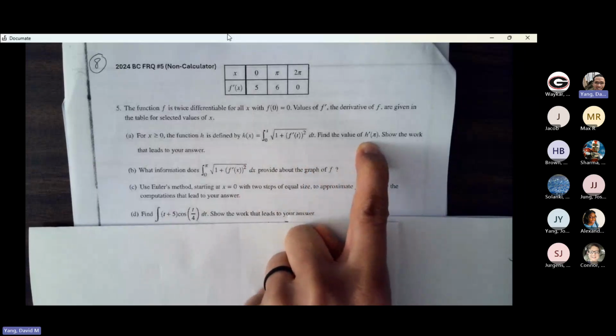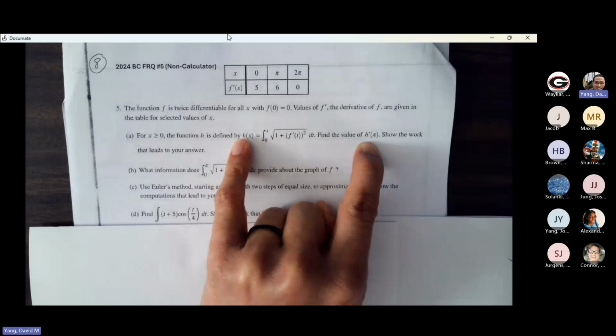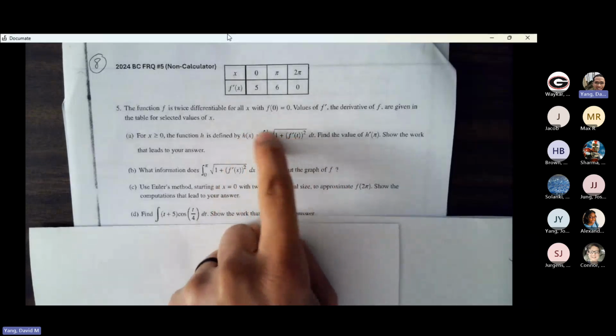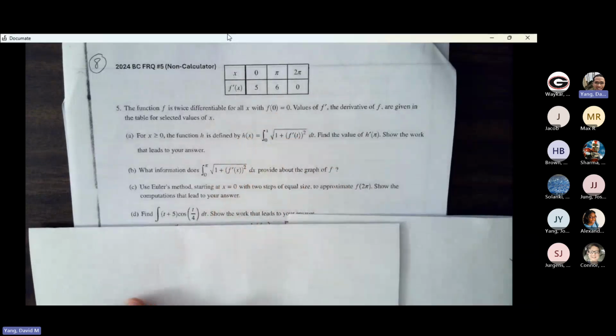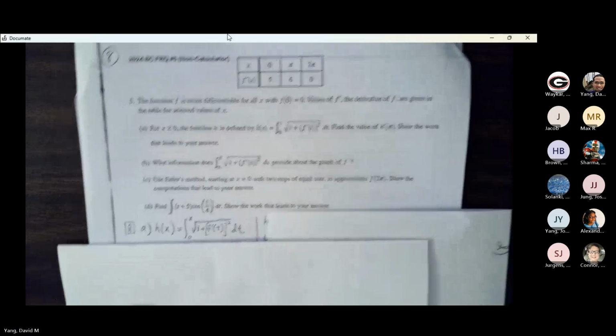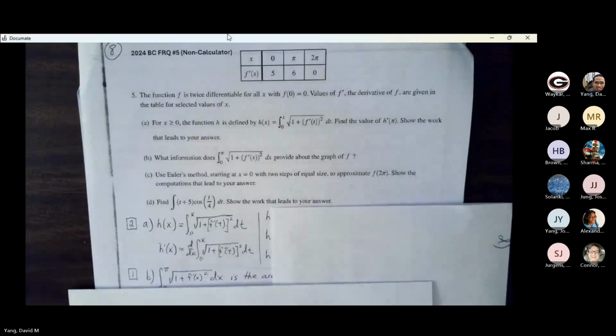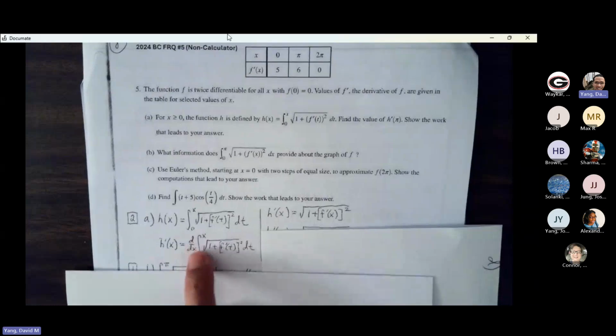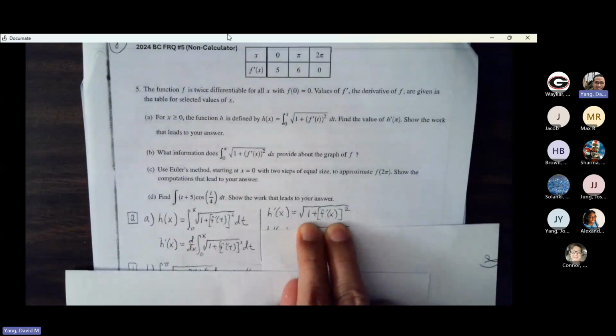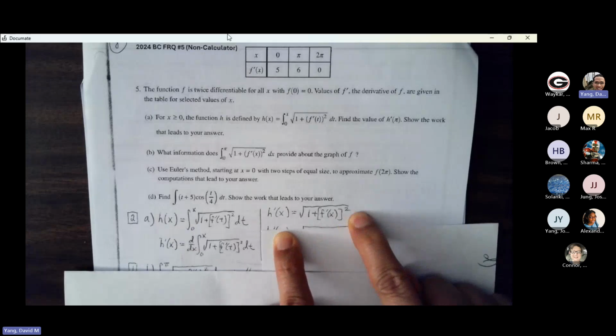So h prime of pi, we can first find h prime of x. To find h prime of x, we can just find the derivative of that. The second fundamental theorem will lead us to that h prime is just the portion after we strip away the integral. So h prime is just square root of 1 plus f prime of x squared.